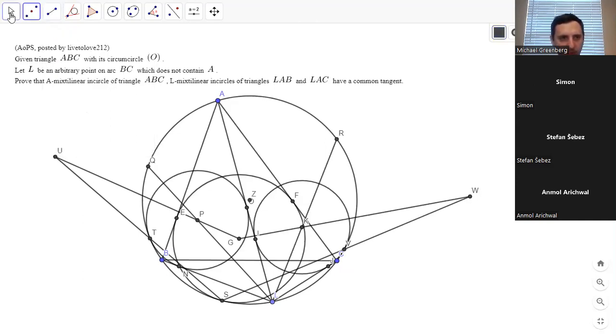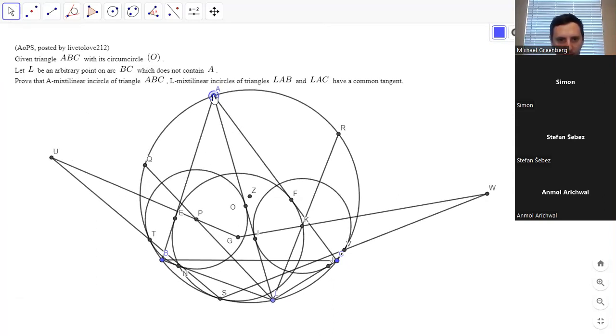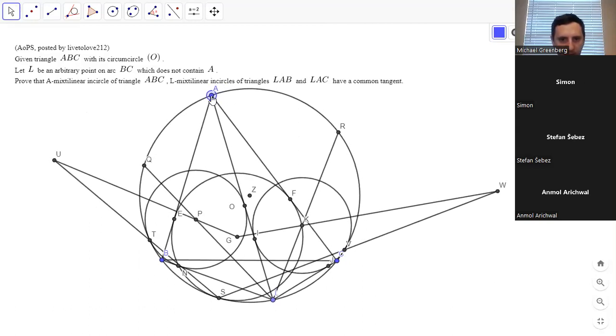I think we can get something really nice with this Desargues theorem. Okay, so Z, G, and S are collinear. And then P, T, and Z, and Z, K, and B. Now, you see, we already have U and W, and those are the intersection of PG and TS and GK and SV.